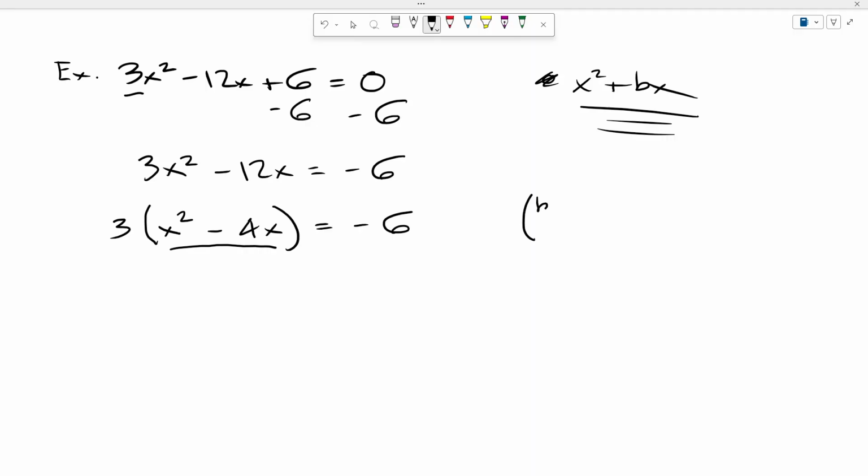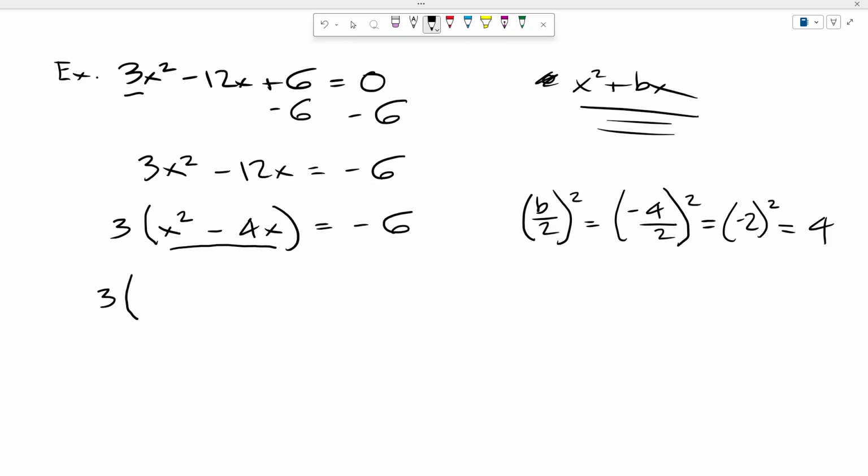So again, we have b over 2 squared. So in this case, we have negative 4 over 2 squared. So that's negative 2 squared, which comes out to positive 4. So we still have this 3 here, but we're not worried about that at the moment. We're just completing the square on what's in the parentheses.